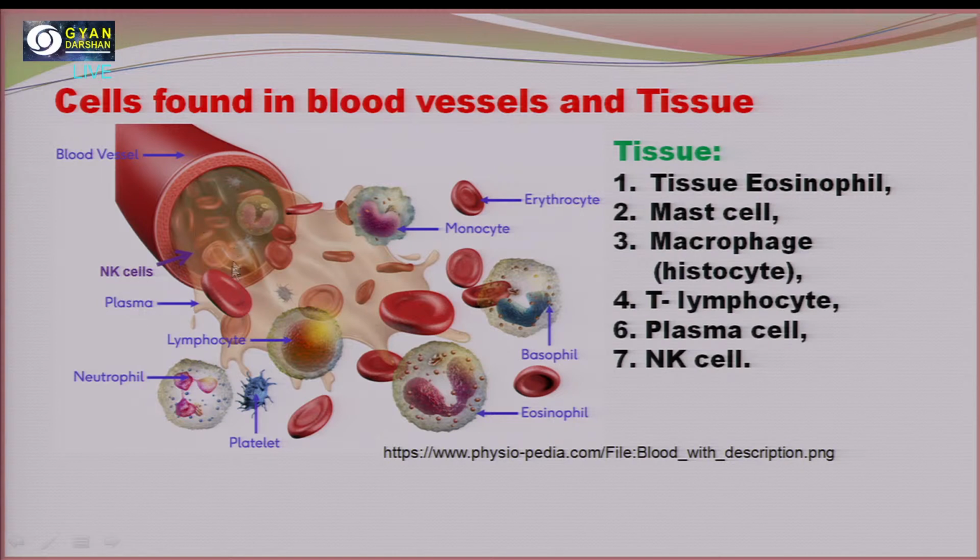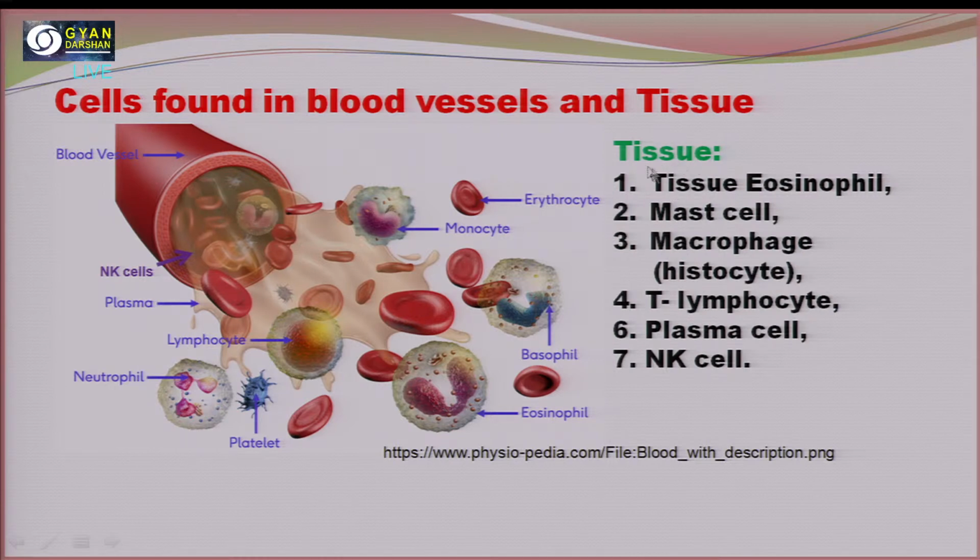Here are the NK cells present in the blood vessels, and plasma cells, lymphocytes, neutrophils, platelets, eosinophils, basophils, monocytes, and erythrocytes. These are the different types of cells found in the blood vessels. They flow from the heart to the other parts of the body tissues.